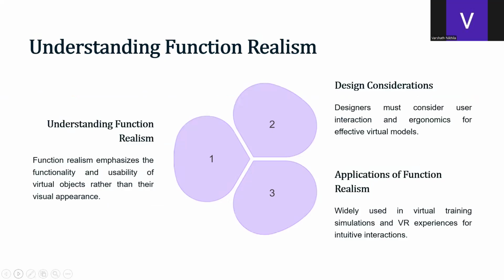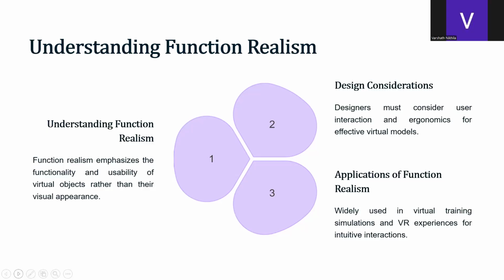And now, understanding functional realism. Let's talk about functional realism, a lesser known but incredibly important aspect. It's not just about looking or moving realistically, it's about making things usable. For example, in a VR surgery simulation, a scalpel must behave like a real one, not just look like it.